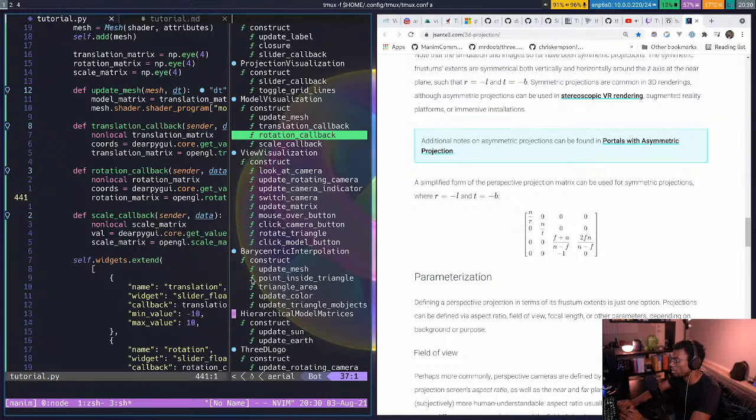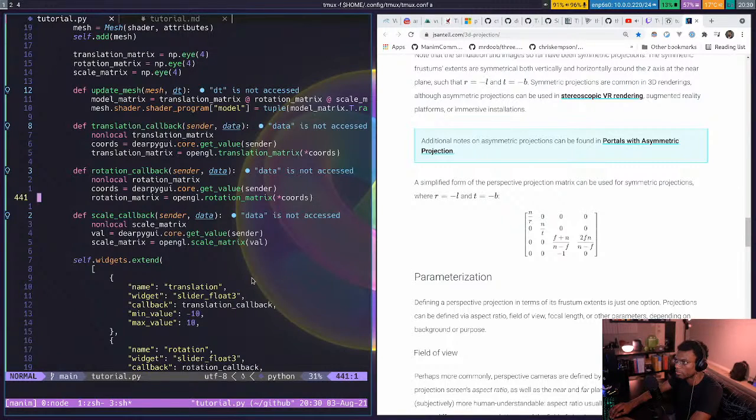Hierarchical model matrices. I guess I might as well finish this up.